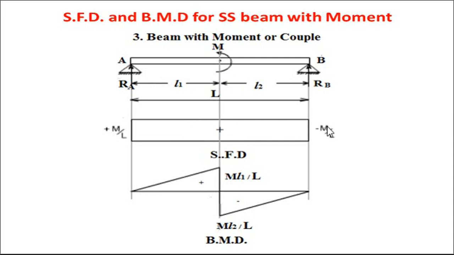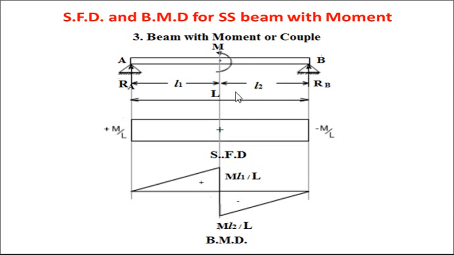No effect on shear force diagram. Then 0 plus M by L, no load from A to B, will reach plus M by L, and here there will be a downward reaction because of this upliftment. Here it will be minus M by L, so plus M by L, downward minus M by L, it will be 0. This is the SFD.